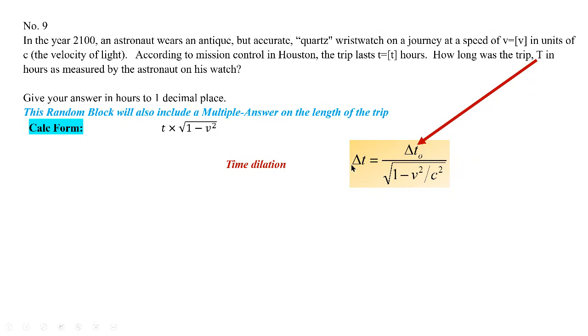Therefore, you can relate it to mission control, where mission control says it took so long for the signal to come back from the astronaut, the GPS. That is the mission control time, and the proper time is the mission control time times the square root of 1 minus v squared.